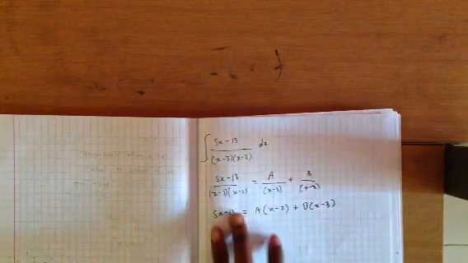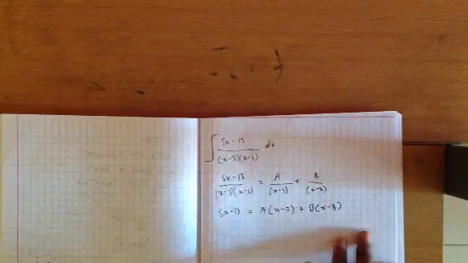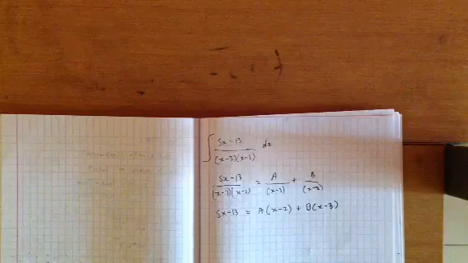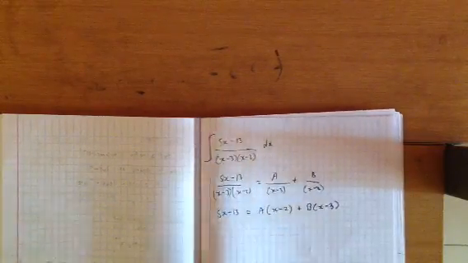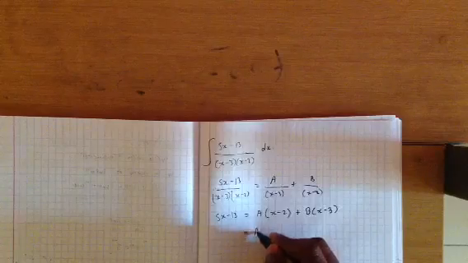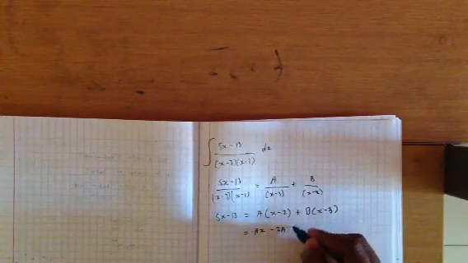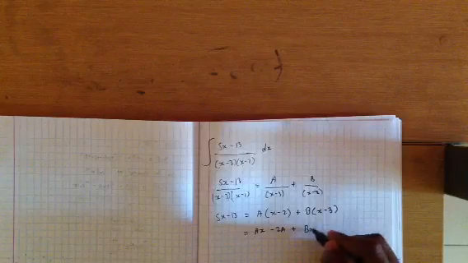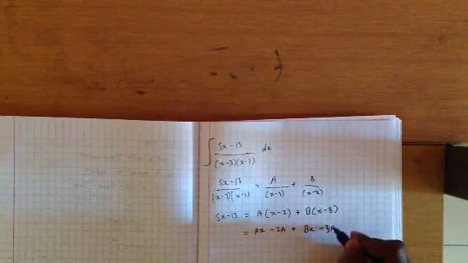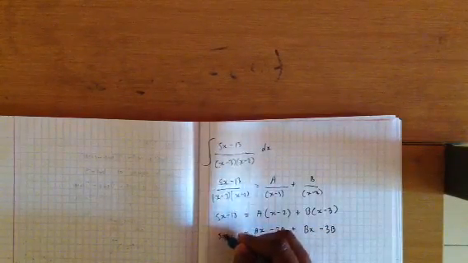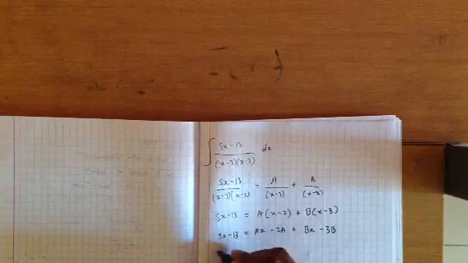Okay, now you reach this point. Here it's just about simplifying and seeing how it goes. So let's try it. Here we will have ax minus 2a plus bx minus 3b, which still equals 5x minus 13.